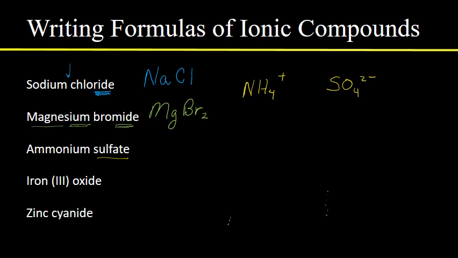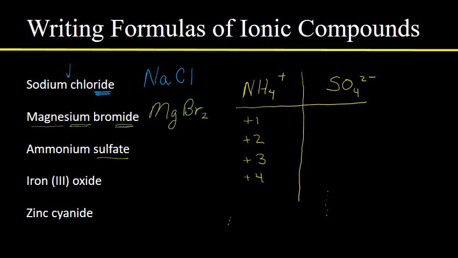Again, we can't combine them with just one of each because the charges aren't balanced. So we'll make this little table. 1 ammonium would give us a charge of +1. 2 ammoniums, a charge of +2. 3 ammoniums, charge of +3. 4, charge of +4, so on and so forth.